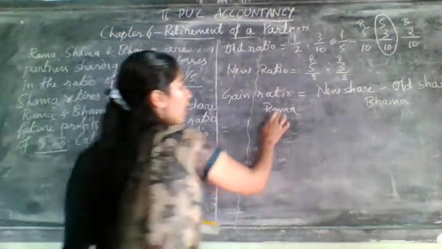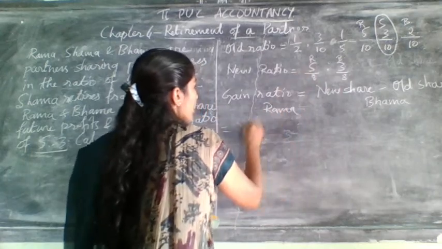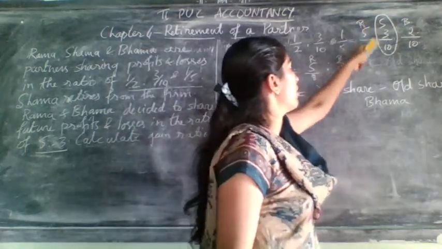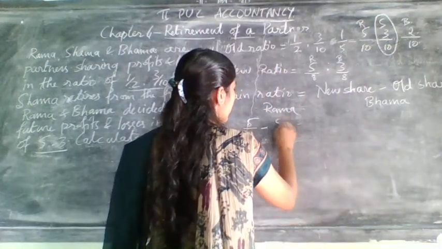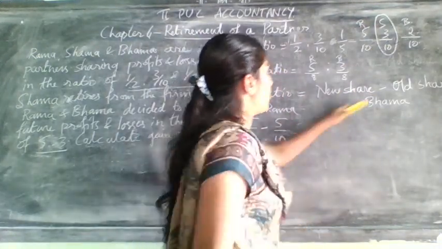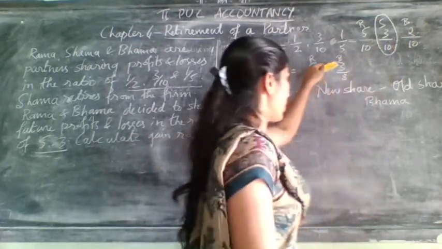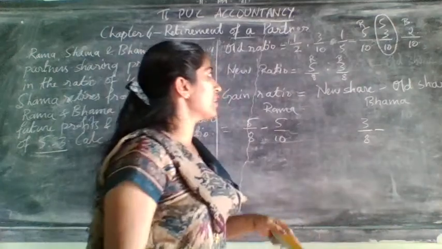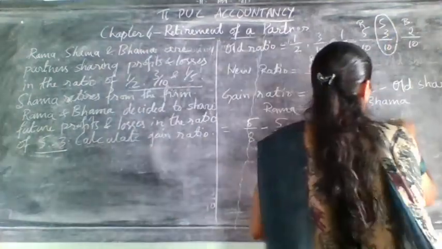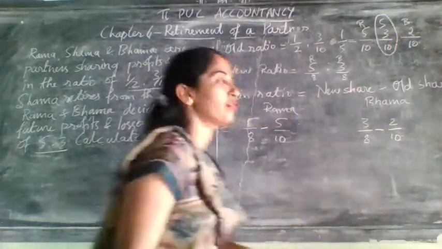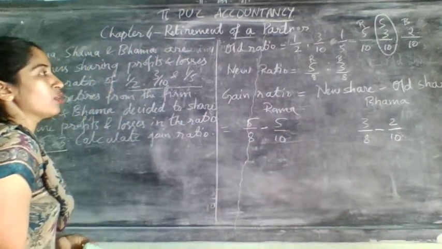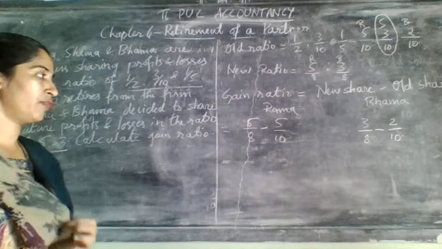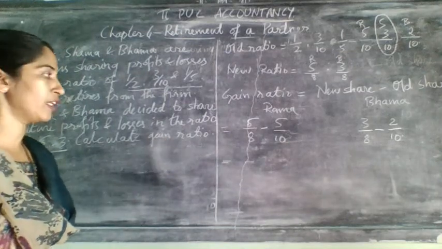Now take Rama's new share. New share is 5/8 minus old share 5/10. For Bama, take new share, that is 3/8 minus 2/10. Now first you need to take the common denominator.